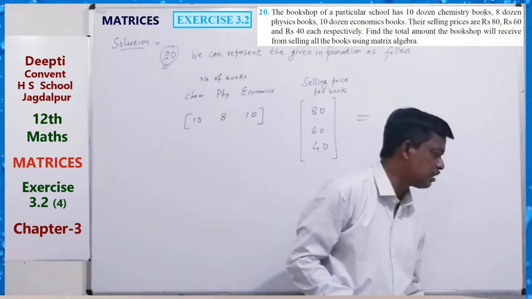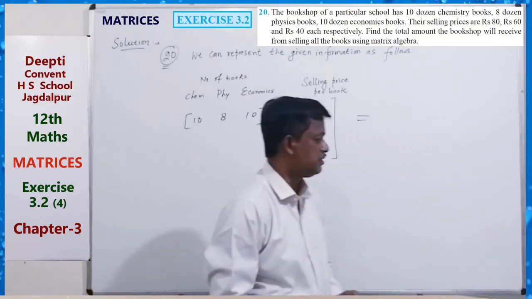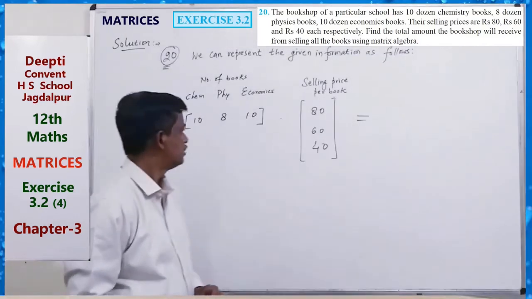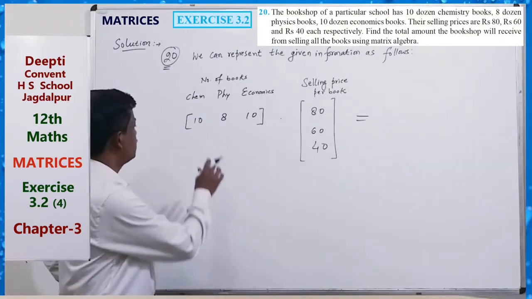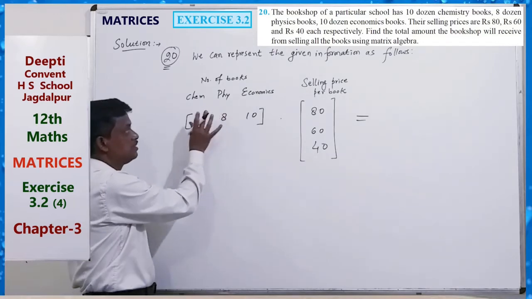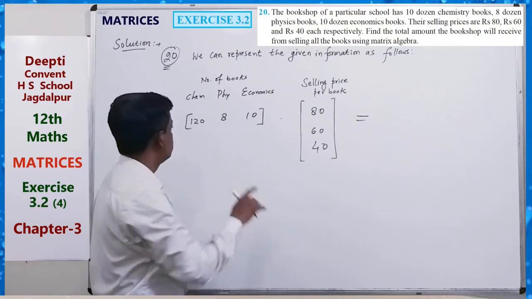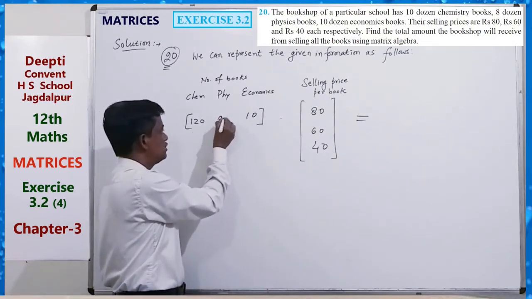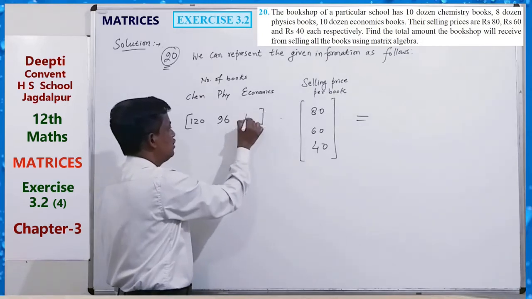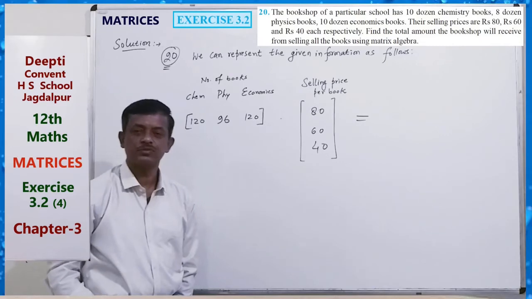Here 10 dozen chemistry books: a dozen means 12, so 10 into 12 is 120, 8 into 12 is 96, and 10 into 12 is 120.